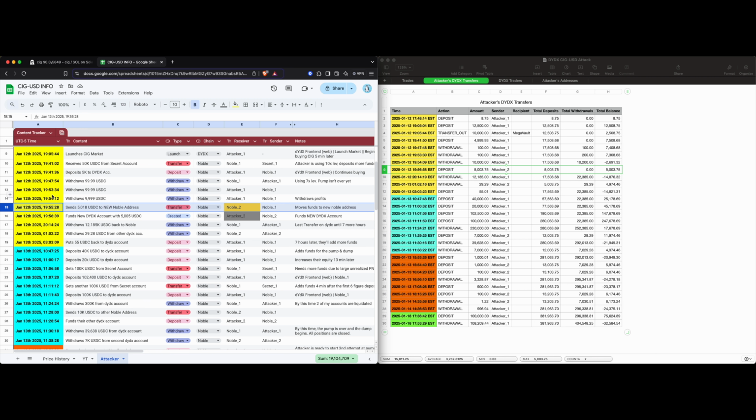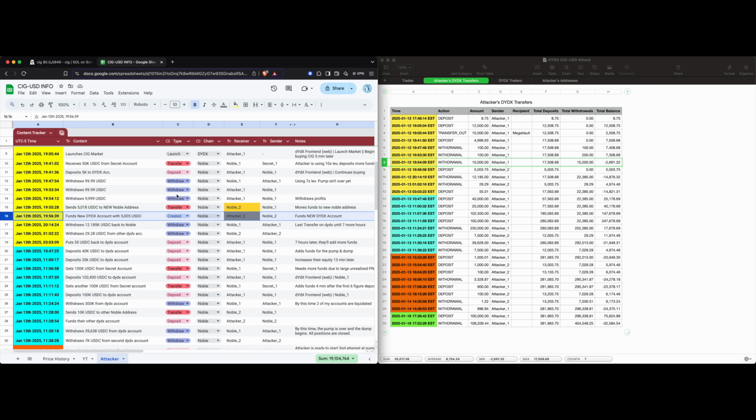Around 7:54, as you can see here, he withdraws $10,000 from his DYDX account to his original Noble account. And what he does there is transfer from his Noble 1 address to a new Noble 2 address.